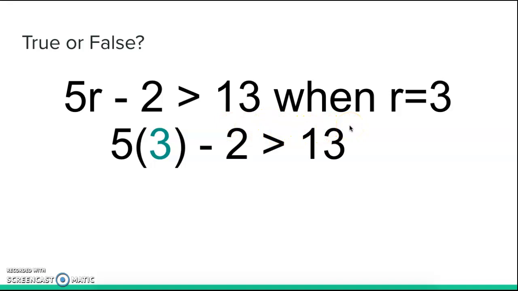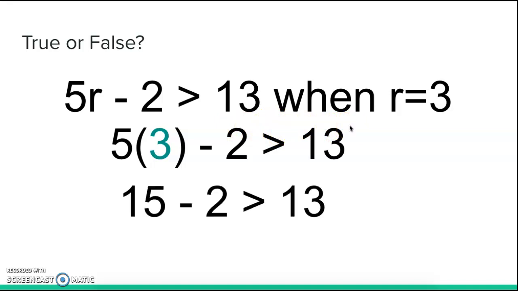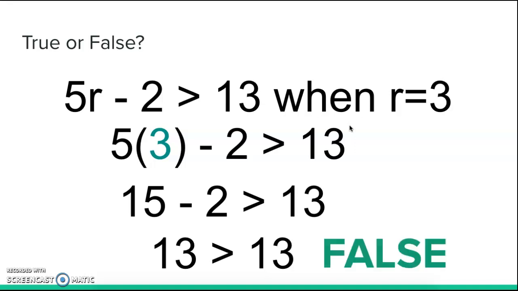All right, so we start to evaluate. 5 times 3 is 15. 15 minus 2 is 13. Now, is 13 greater than 13? No. This is false. 13 is not greater than 13. If it said greater than or equal to, then it would be a true statement. But because it just says greater than, this is not true.